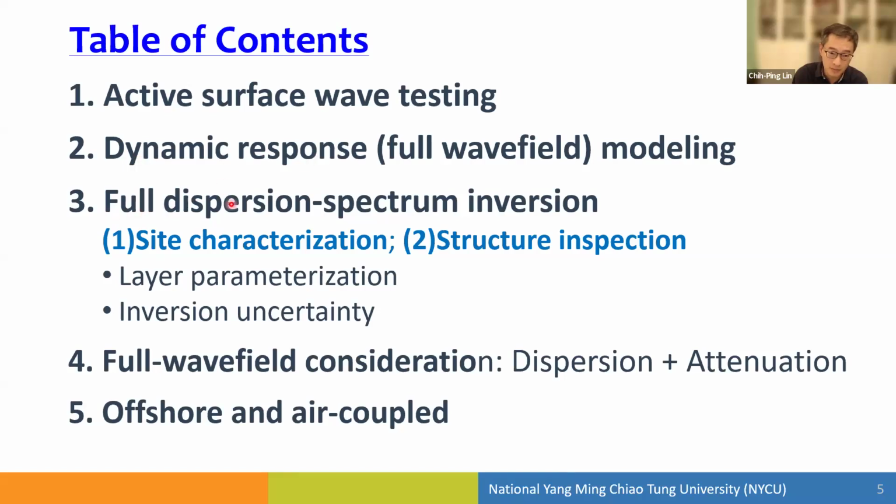And the third step is the inversion, to get the shear wave velocity profile or shear modulus profile. And I'm going to present 2 applications. One type is a general geotechnical site investigation. And the second type is more of man-made structure inspection.